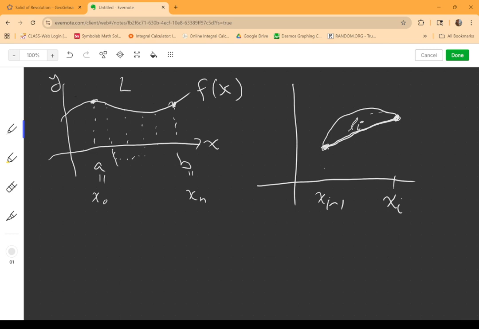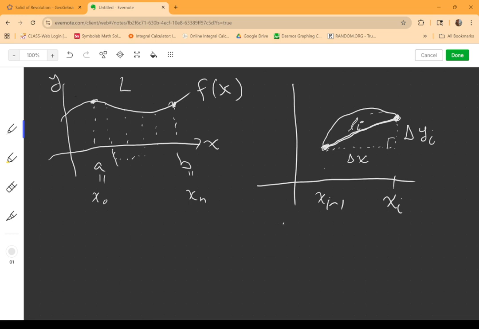Because if we look at this, I could call this delta x, the change in x, and this delta y sub i. Delta x is fixed across the interval. We have a regular partition where the values of delta x are all the same. Delta y sub i will fluctuate depending on the behavior of the function. What we have here is a right triangle where L sub i is the hypotenuse.